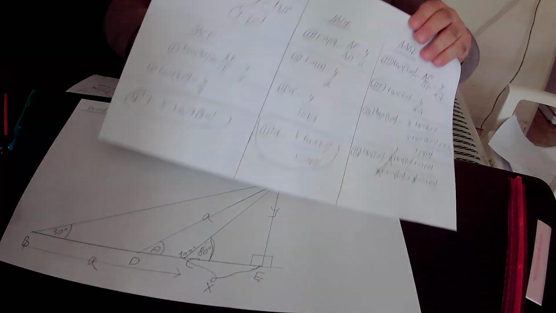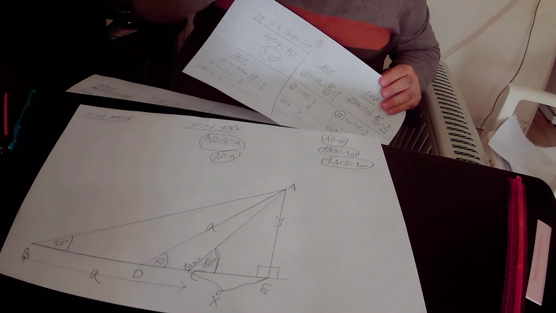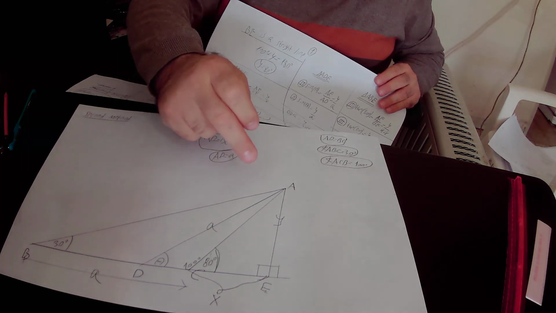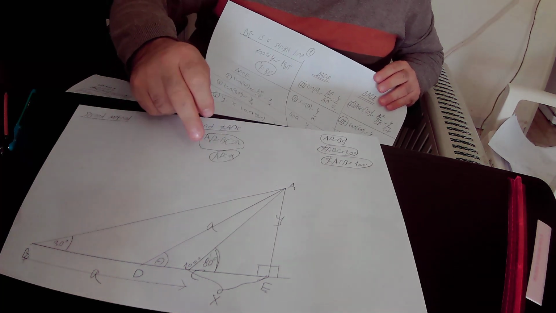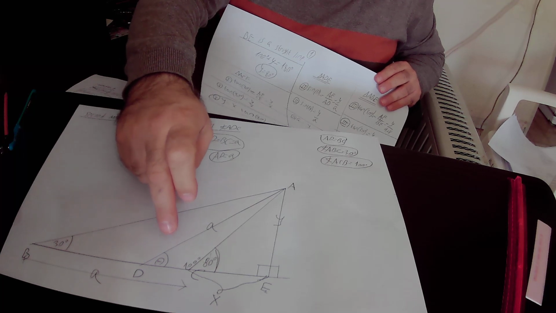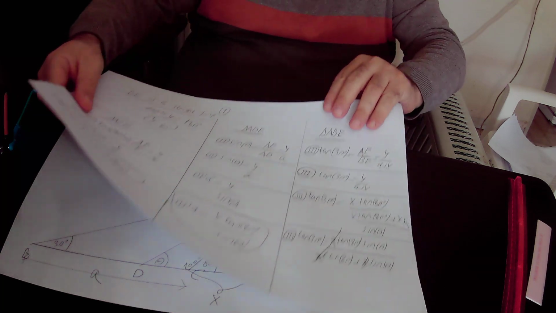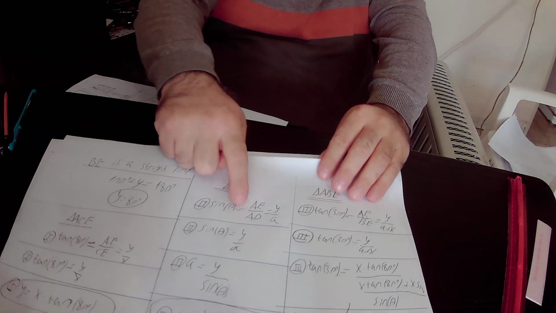Then we focus on the right triangle, triangle ADE. We define the angle that we are looking for, angle ADE, as theta. So in the right triangle, triangle ADE, we know that sine theta equals AE over AD.